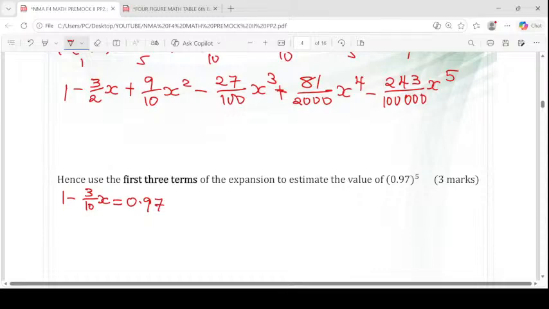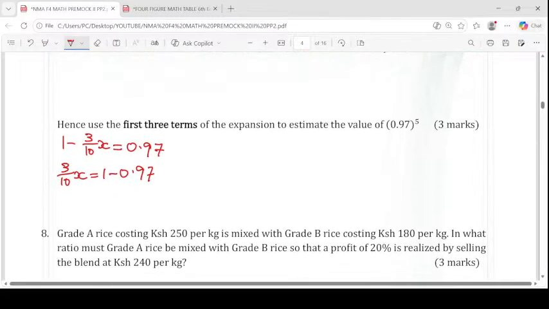So this means 3 over 10x will be equivalent to 1 minus 0.97. So this means that 3 over 10x is equal to 0.03, and this will mean that what will be our value of x? When you take 0.03 divided by 3 over 10, this gives you exactly 0.1.